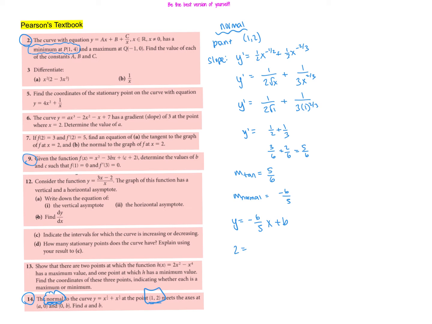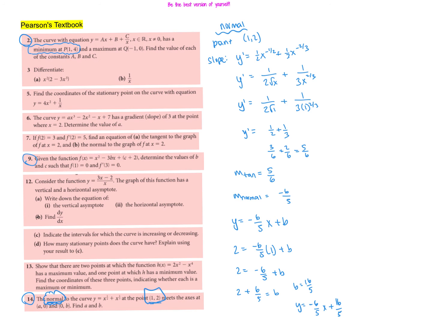My y is 2 when my x is 1. So 2 equals negative 6/5 plus b. 2 plus 6/5 equals b. So that's 10/5 plus 6/5. b is 16/5. So y equals negative 6/5 x plus 16/5.